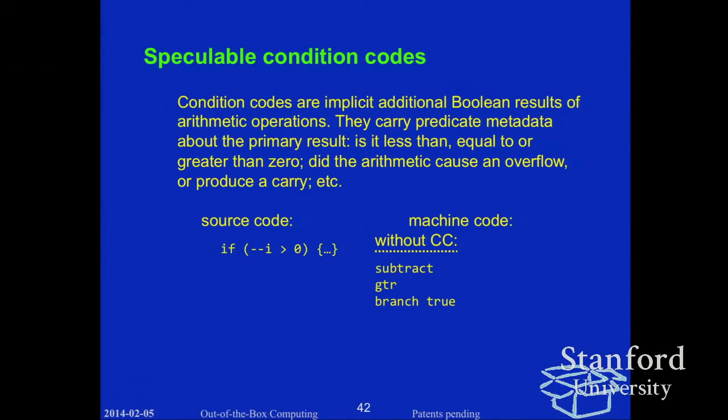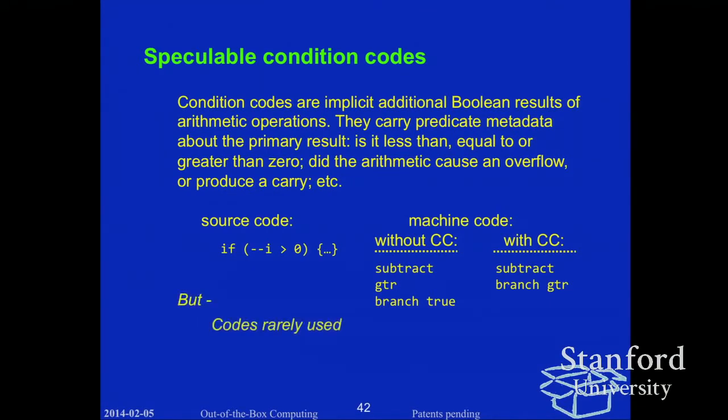And then you separately do a greater than 0 on the result, and then you branch if that greater returned true. True in this case being a data value rather than a condition code. With condition codes, the subtract sets the greater than condition code, and the branch can simply branch on that condition right away. We've saved a cycle. That's why condition codes exist.